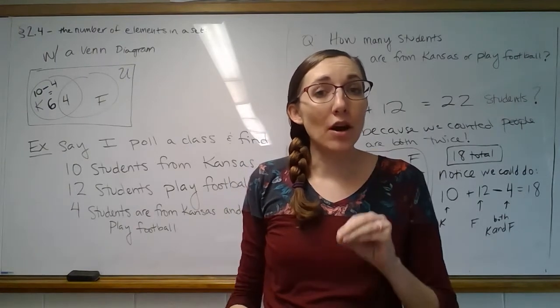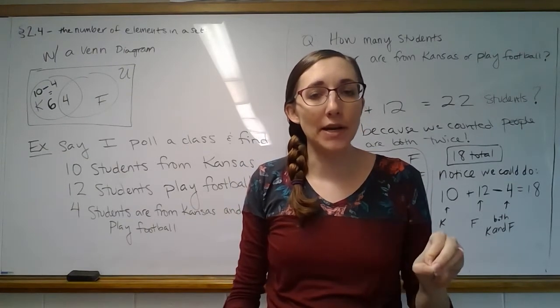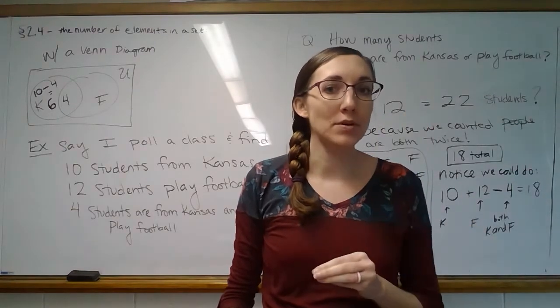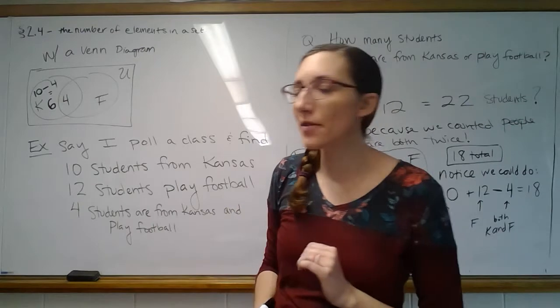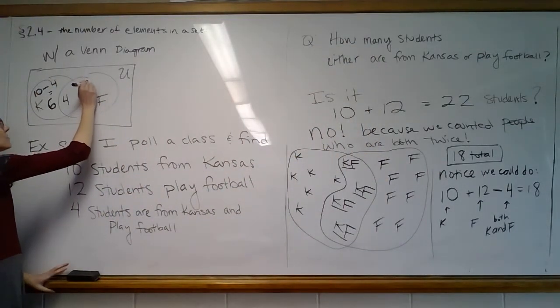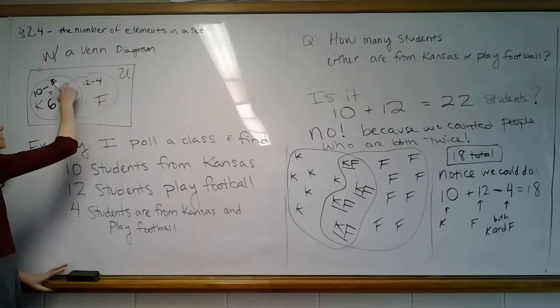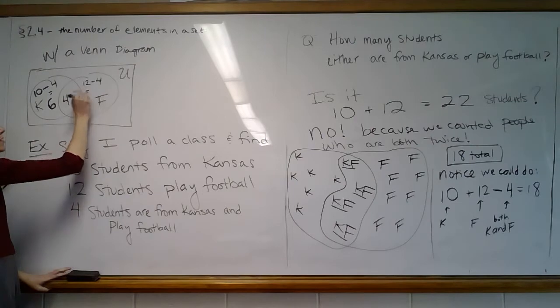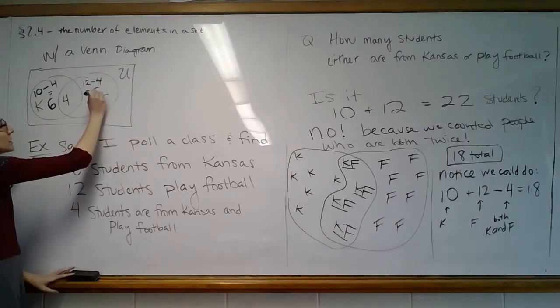So when we're putting in our quantities, we have to take into account what's already been counted because that overlap was already counted. So we've got the 6 and the 4. And then similarly in the football, the total is 12, but I've already counted, look, this portion of the circle has already been counted, which was 4 of them. So I'm left with only 8 of them.